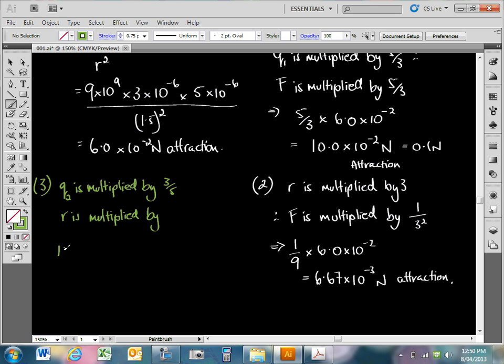Have a look at this. 1.5 and 1. We want to change it to 1. If I break it into, that's 3 parts and that's 2 parts. If I multiply the 1.5 by 2 over 3, I'll get 1.